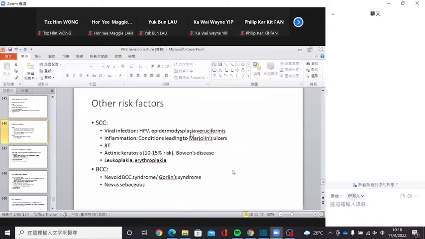Other risk factors for squamous cell carcinoma: HPV infection, some inflammation like Marjolin's ulcers, radiotherapy history, actinic keratosis, Bowen's disease, leukoplakia, and erythroplakia. For BCC, Gorlin syndrome and sebaceous nevus.